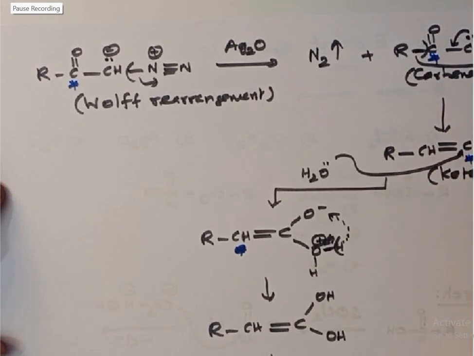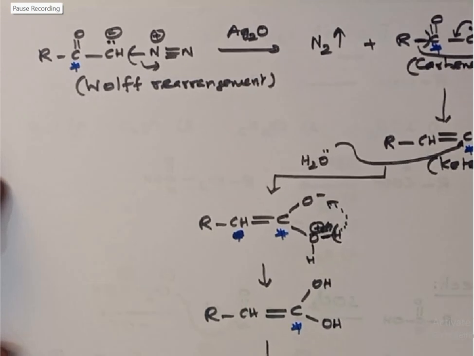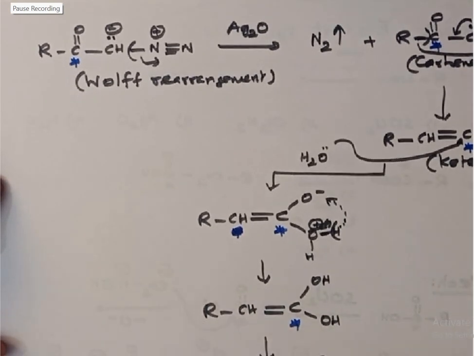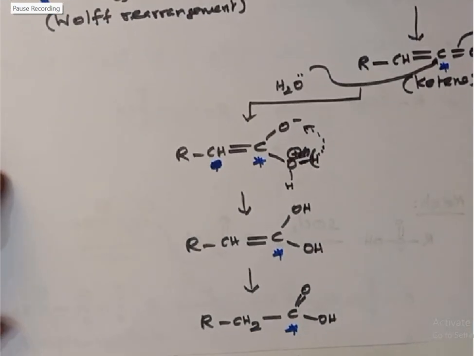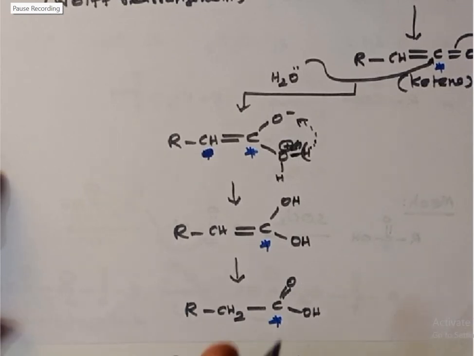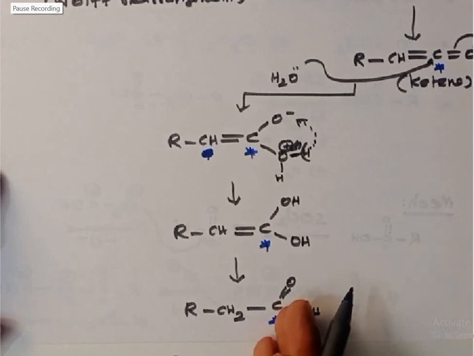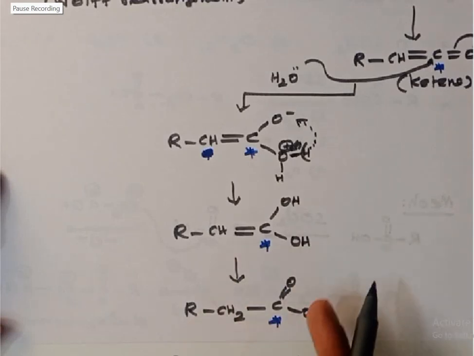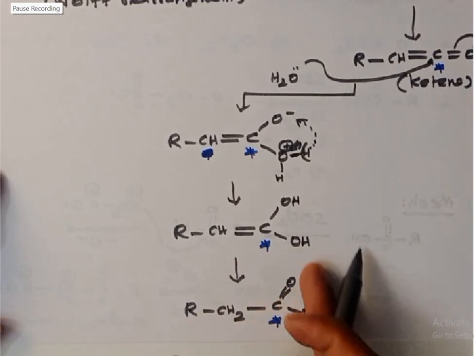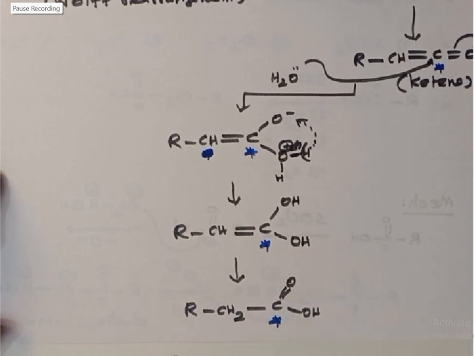So this is the isotopic labeled carbon and this is isotopic labeled carbon. In the reactant, the isotopically labeled carbon is present in the carboxylic acid group. Similarly, in the final product, that labeled carbon is present in the carboxylic acid group.